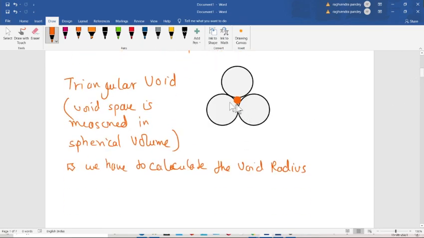Okay, the void radius. Now you see in the triangular void, suppose this is the smaller void radius.